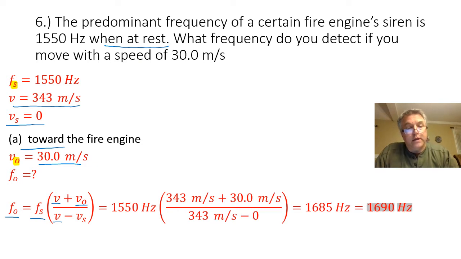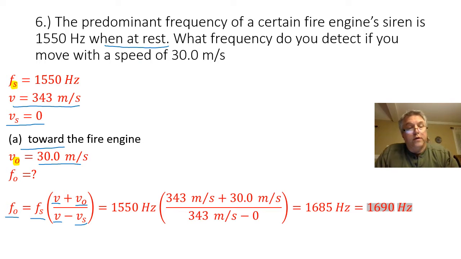V sub O is the velocity of the observer, and V sub S is the velocity of the source. Aside from the signs of positive and negative, the tricky thing with these problems is making sure that you have all of your velocities sorted out, because we have 3 different velocities here: the velocity of the sound wave, the velocity of the observer, and the velocity of the source of the sound wave.